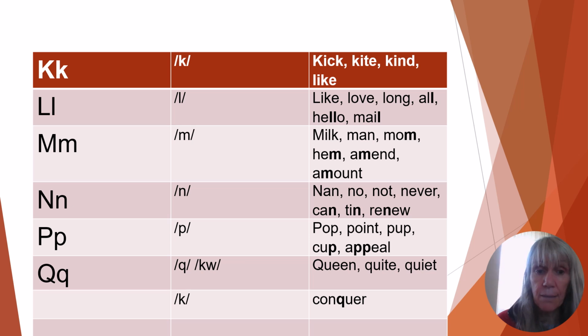P makes one sound: pop, point, pup, cup, appeal. Q makes two sounds. It makes the qu sound, as in queen, quite, quiet, and it makes a k sound, as in conquer.